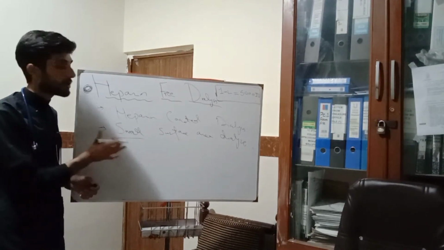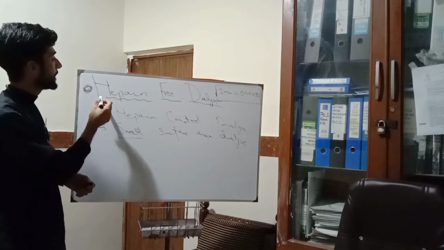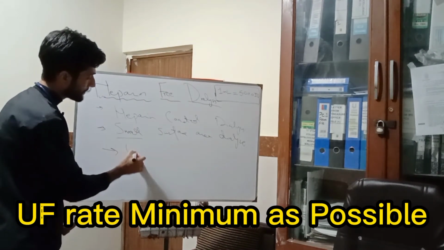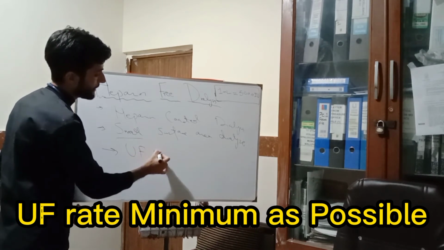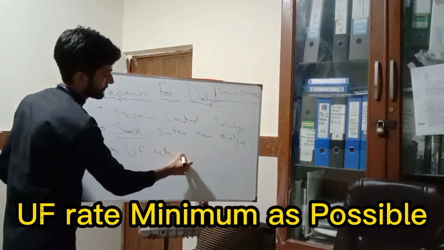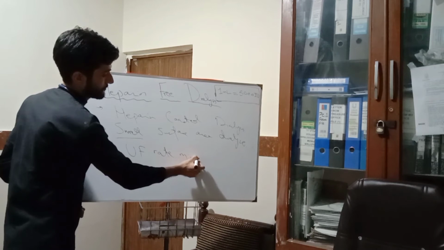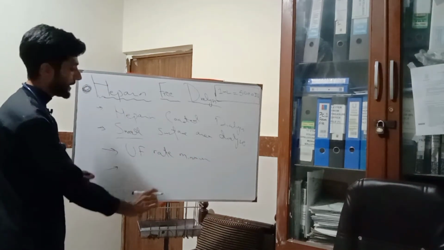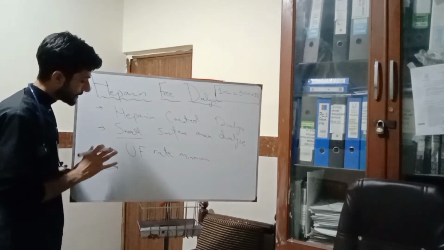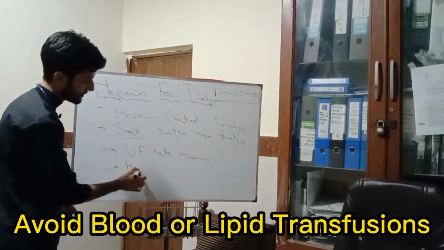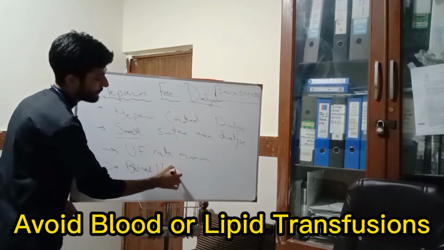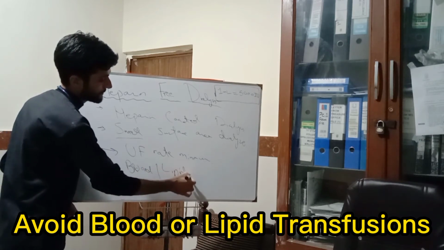Then the chances of clotting will become less, as we are giving heparin-free dialysis. Then you have to keep the UF rate as minimal as possible. This will reduce the chances of clotting. And then you have to avoid blood or lipid infusions during dialysis.